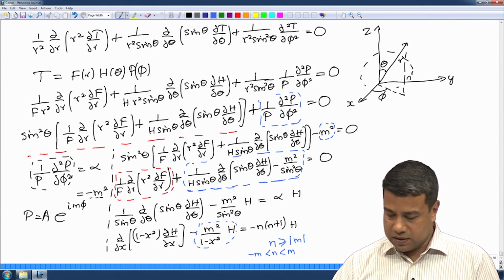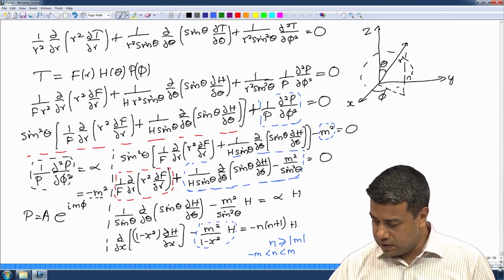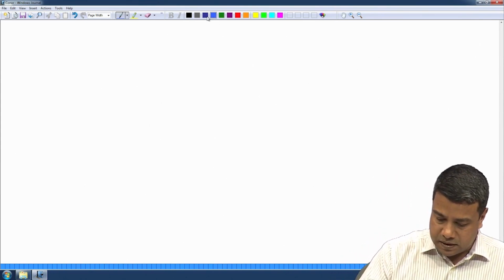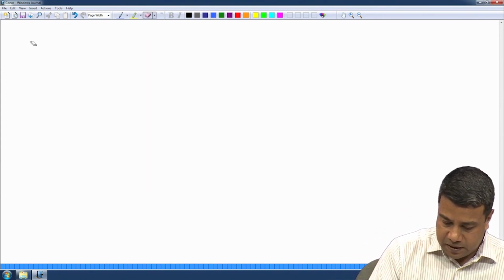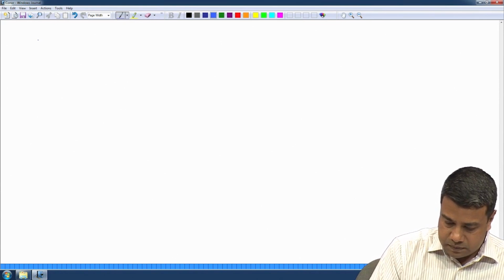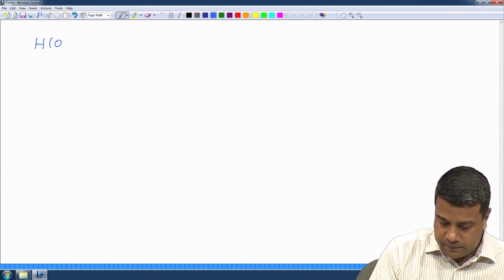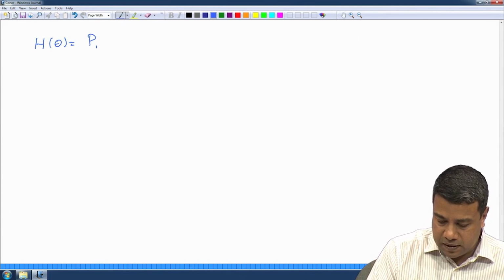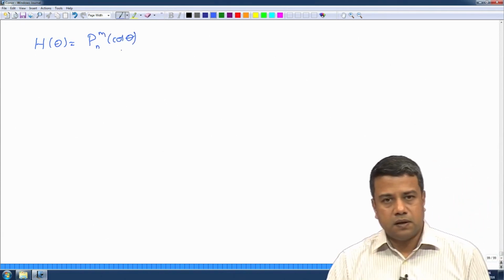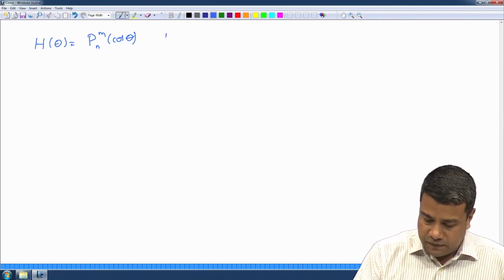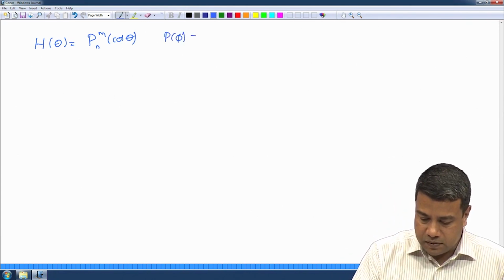With this, the solution in the theta direction will turn out to be h of theta equal to P n m of cos theta, and the phi solution was e power i m phi.